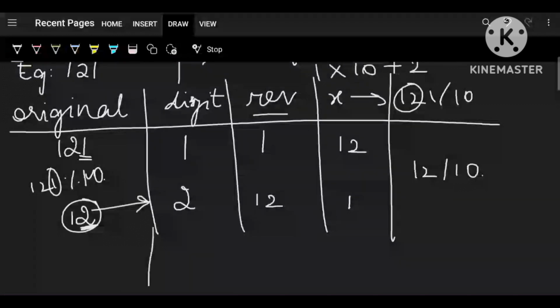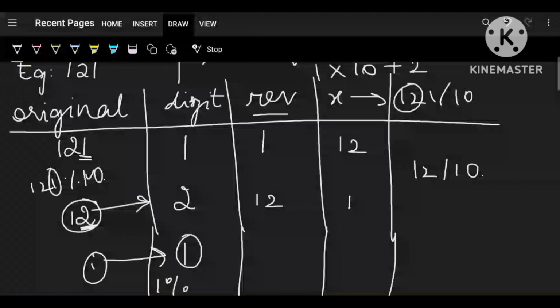So for the next iteration, 1 will be taken, 1 percentage 10. If the number left is less than the divisor, then the number itself becomes the remainder.